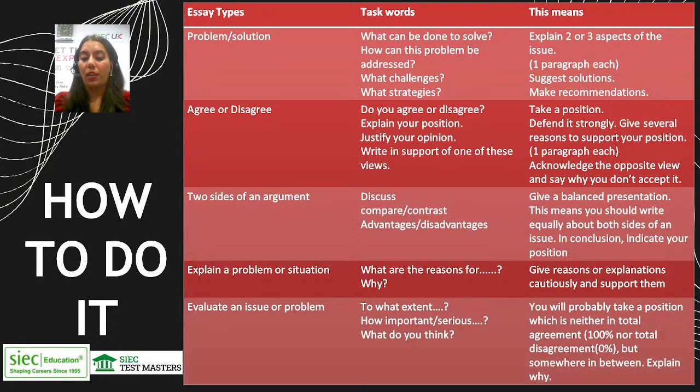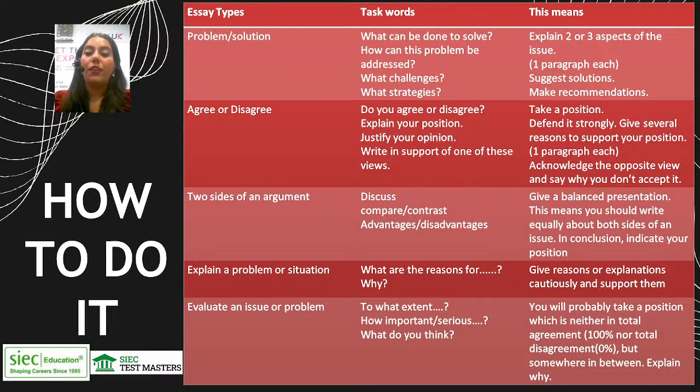Reason being, I asked you to make contrasts or comparisons where relevant. So they are asking me to do an equal or balanced analysis on both sides. It means I have to write about why it should not be done in public places, or why it is okay to do it in personal spaces. And that balance on both sides is how you will be depicting your information here.